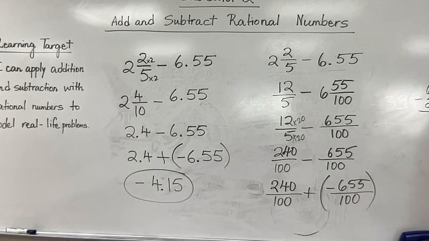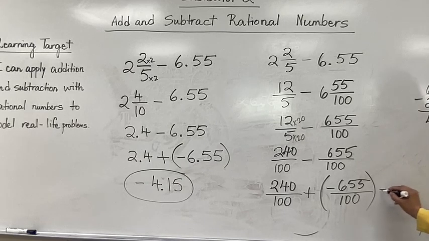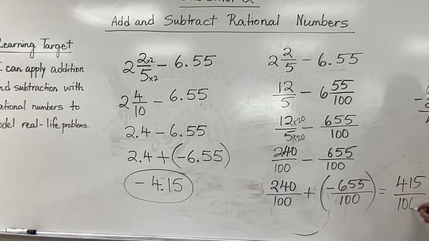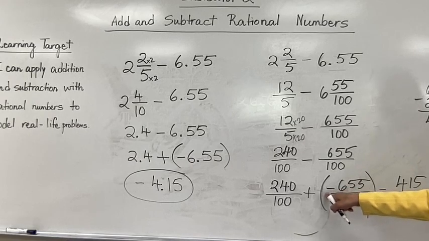All right, because they're opposite signs, and I get 5, and 5 minus 4 is 1, and 6 minus 2 is going to be 4. So this gives me 415 over 100, and the sign in the front of the bigger one is the negative.